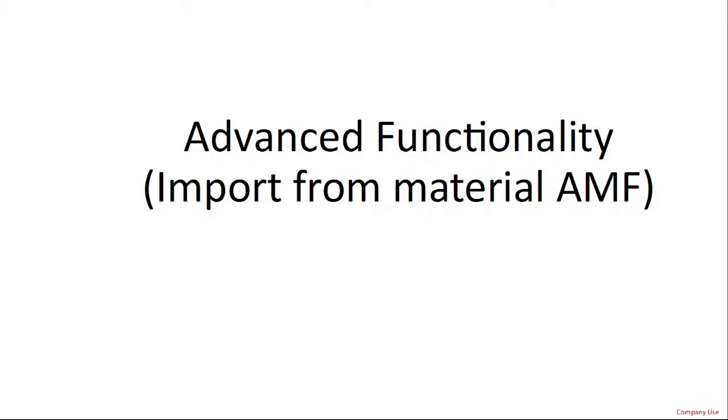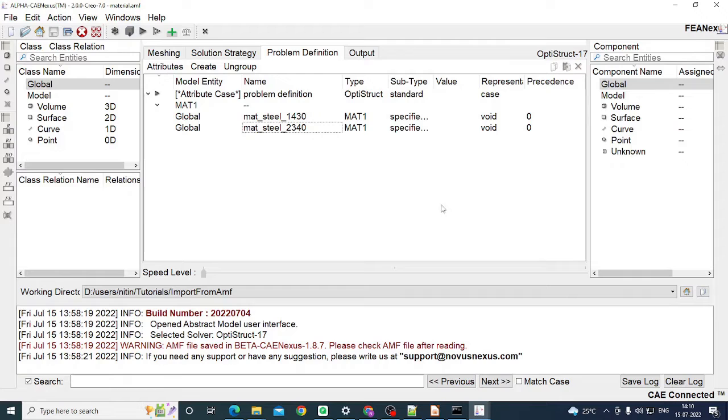So let's begin. You can see on my screen I have opened a material AMF. We will be creating a separate abstract model file for material attributes. This abstract model file will act as a material database. There are only material attributes in this AMF.